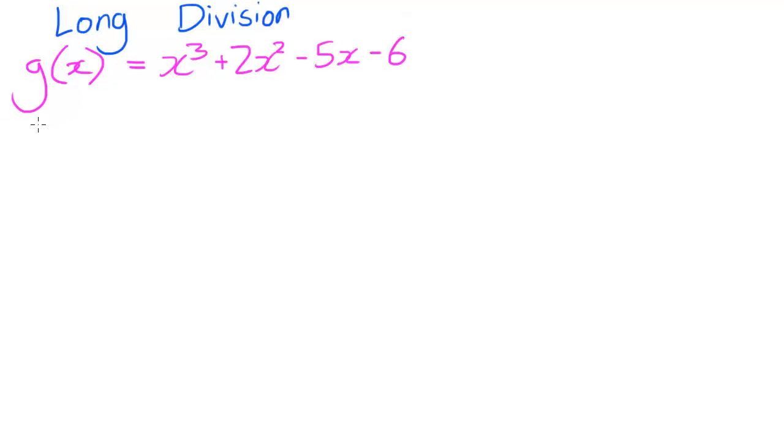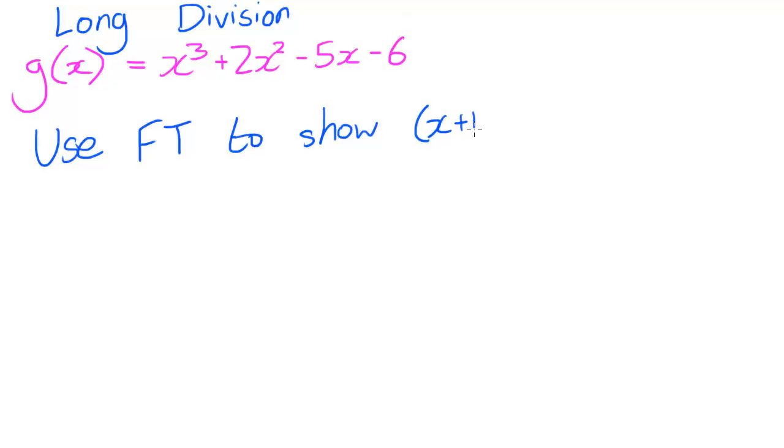What they'll do is they'll say in an earlier question, use the factor theorem to show that maybe x plus 1 is a factor of g of x, which we have over there.